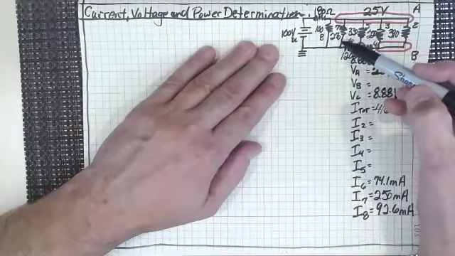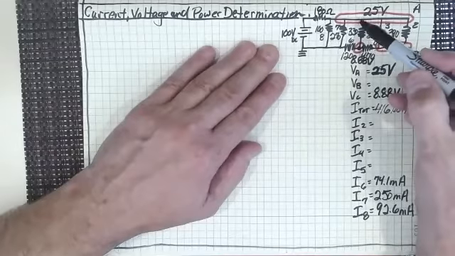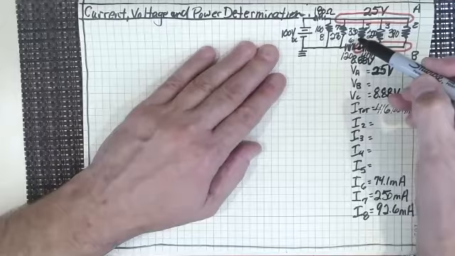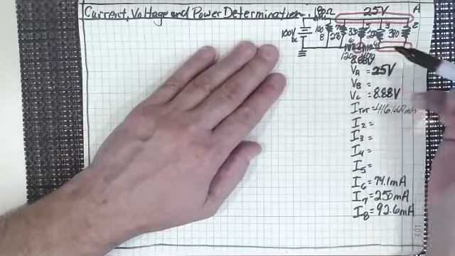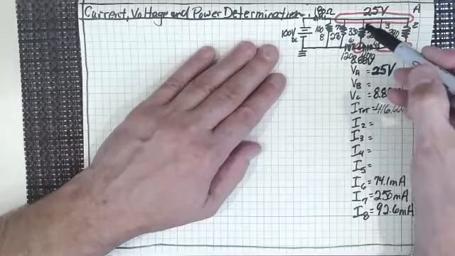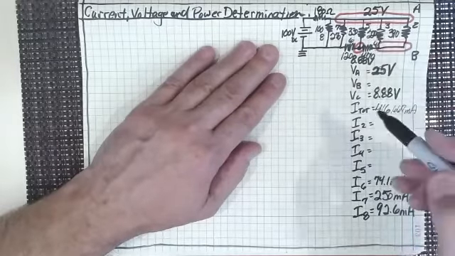We know current's flowing back through here, right? We also know that current is flowing back through this 330 ohm resistor and flowing in through this too. So we can figure out what the current is that's flowing through this 330 ohm resistor, number 5.